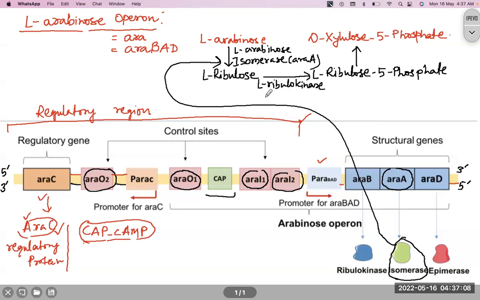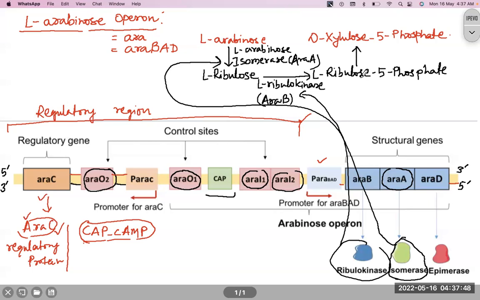This is araB, catalyzing the phosphorylation of L-ribulose to form L-ribulose 5-phosphate.